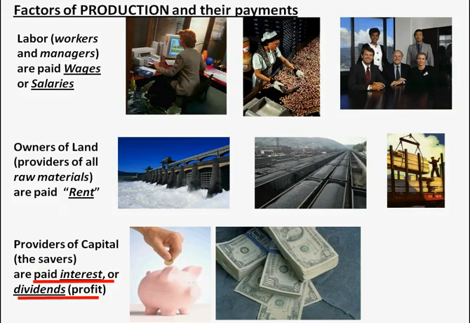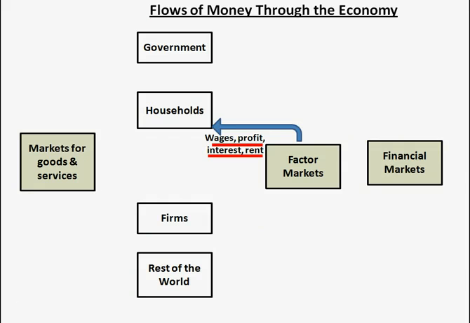But the money comes from people, and people are paid interest if they loan money or put it into a financial institution, which in turn loans it out and is paid interest, or if they invest as stockholders in companies or as owners of companies, then they're paid dividends. We also call that profit. Okay? So we see that households are paid wages, profit, interest, and rent from the factor markets.